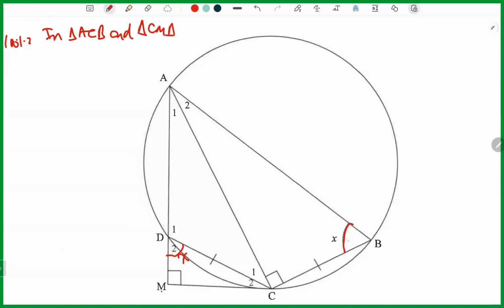Okay, the exterior angle of a cyclic quad. So obviously we proved that. Right, so at this point, angle B is equal to angle D2, exterior angle of cyclic quad.